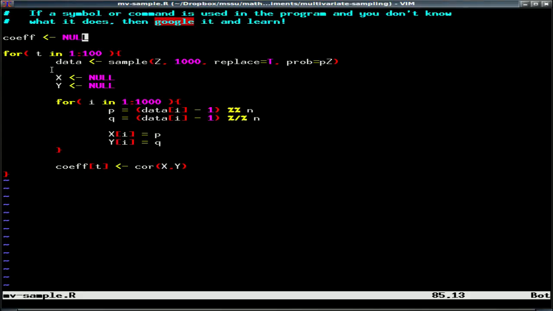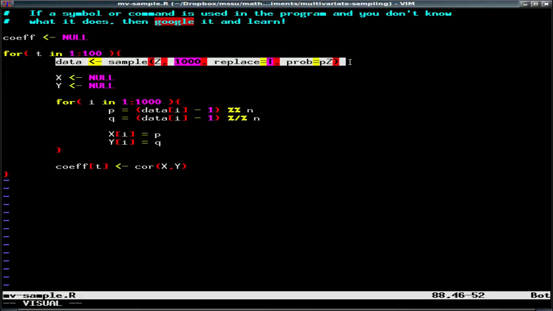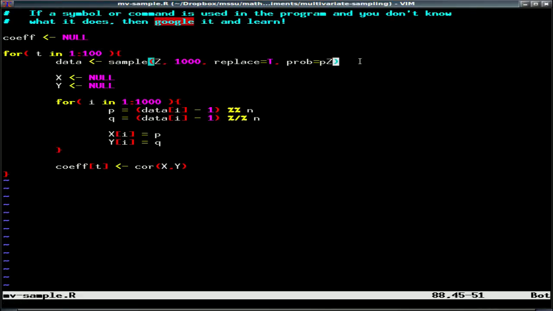So what constitutes an experiment? We're using our value Z, which is our sample space, a collection of squares. We're going to take 1,000 samples, using the probability distribution P of Z that we derived from our cumulative distribution function up above.